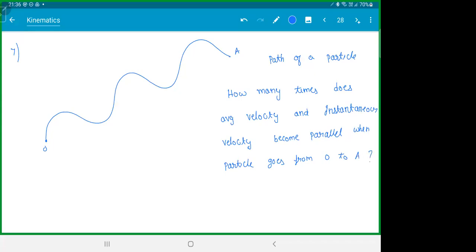Let's get this. No, Hritin, that's the wrong answer. Try others. Think, I'll give you a minute. How many times does the instantaneous velocity and the average velocity become parallel?